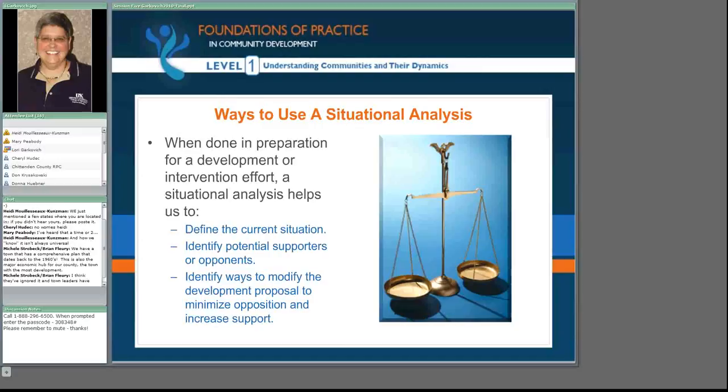They would rather spend thousands of dollars and a lot of community energy fighting each other and suing each other rather than sitting down and talking about ways to address the problems. And I think a situational analysis can help communities and community leaders think through these costs and benefits.